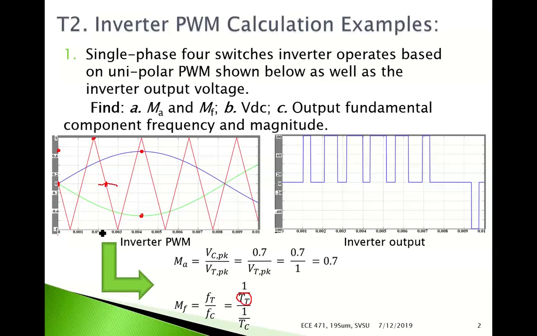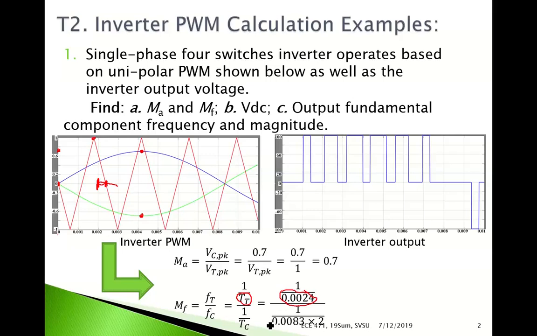So one horizontal time division is 0.001. So this moment to this moment is about 40% of it. Then plus the moment at this grid here, which is 0.002, you come up with 0.0024. This is the period of one full cycle of the triangle waveform.